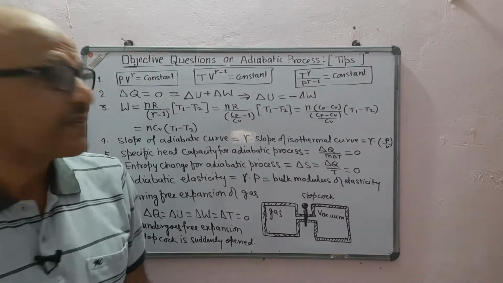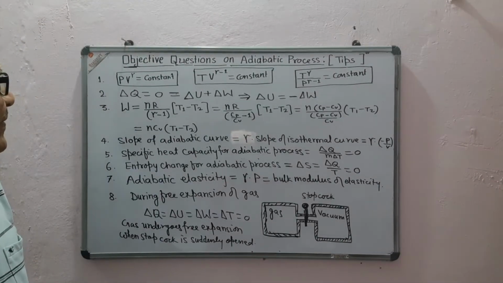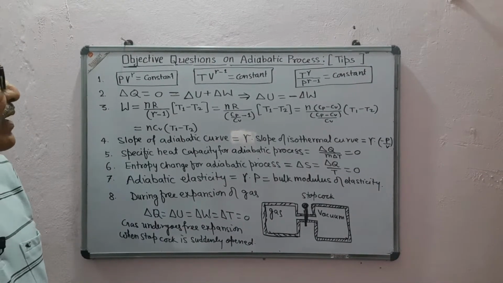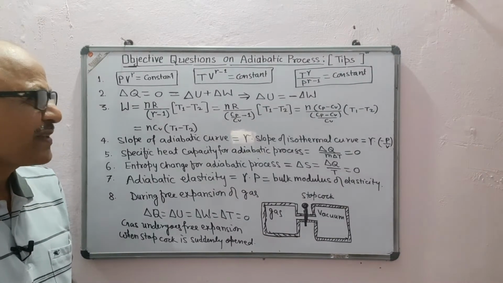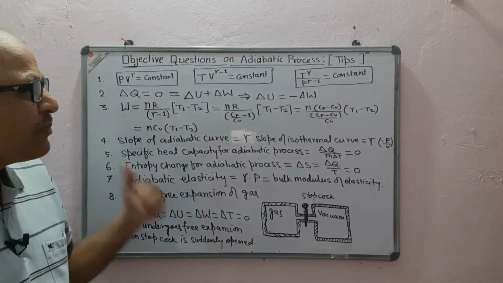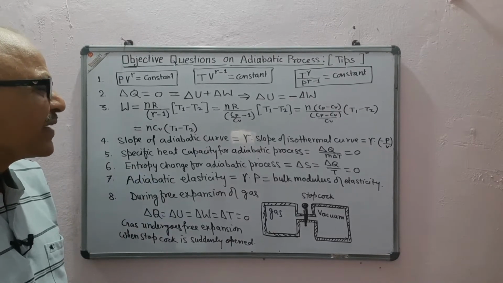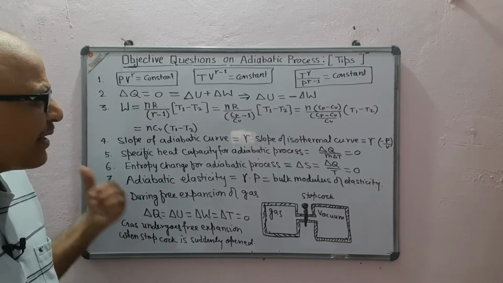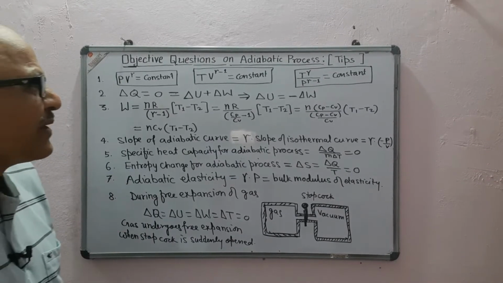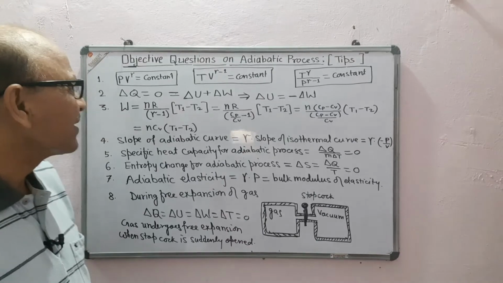Hello dear students, today we start with the solution of some objective questions based on adiabatic process. Before going into solving the objective questions, let us recollect some usable tips.